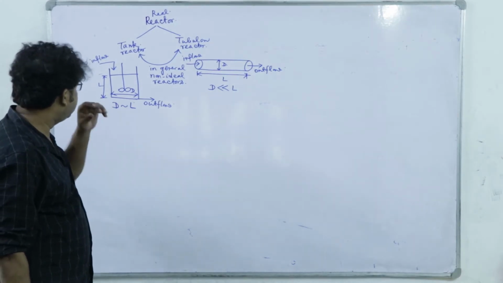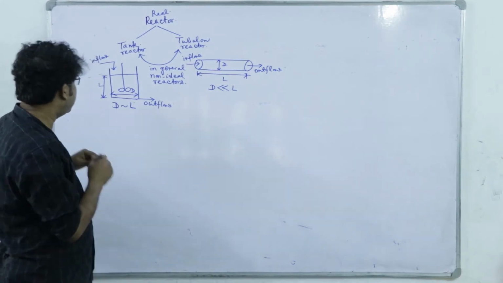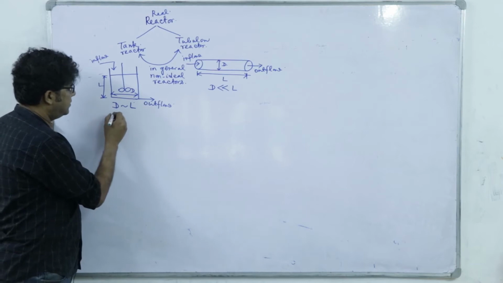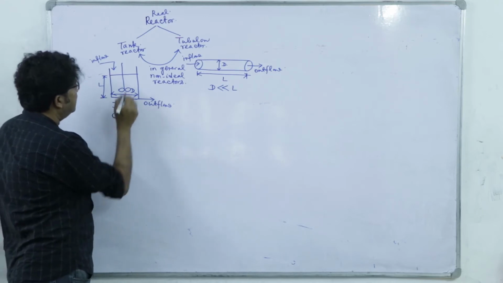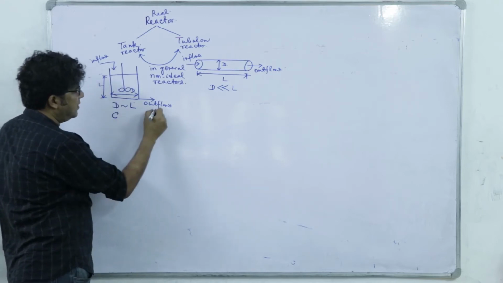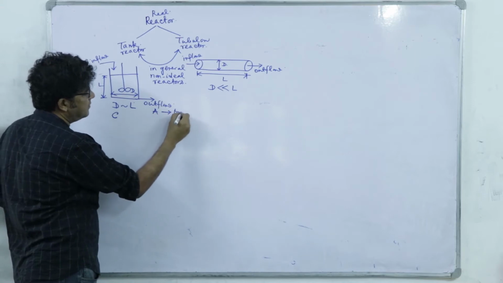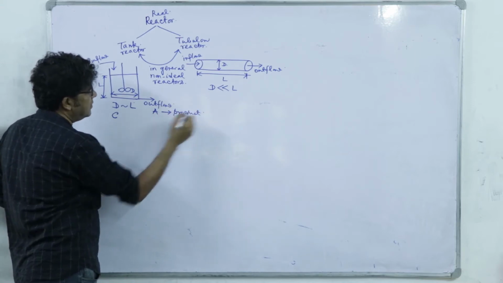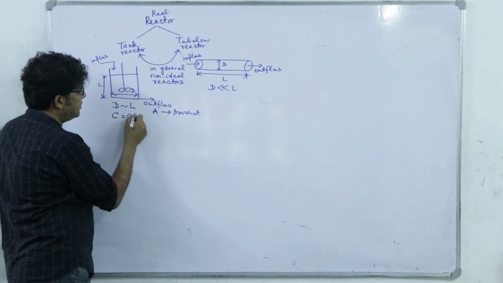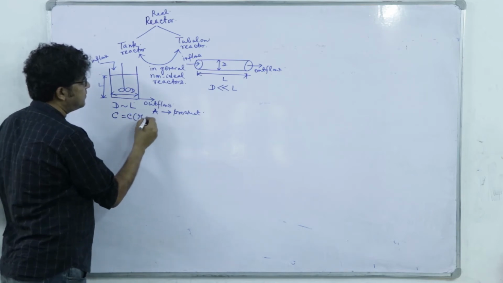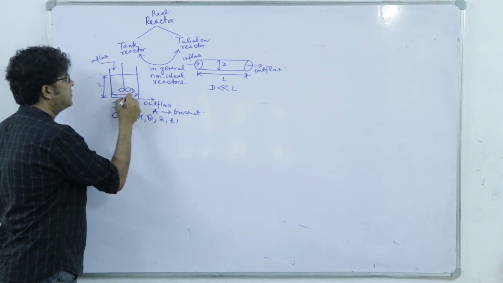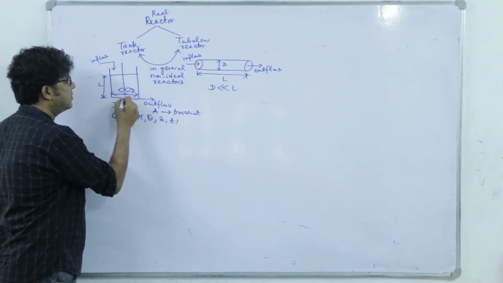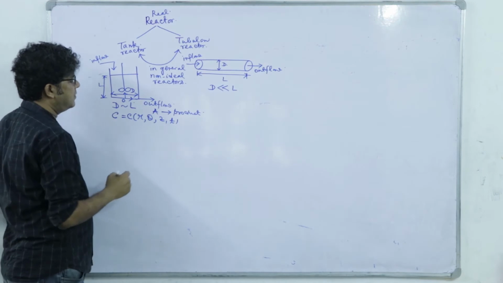Now, the point is, definitely we can understand that the concentration of the reactant, say the reaction is A giving product, is a function of r, theta, z and t, and we fix our coordinate system from somewhere here, right.